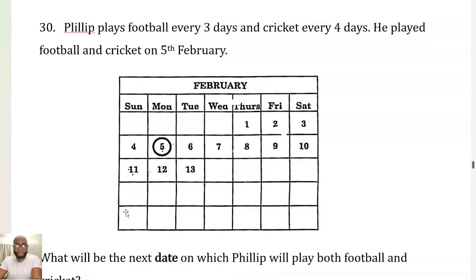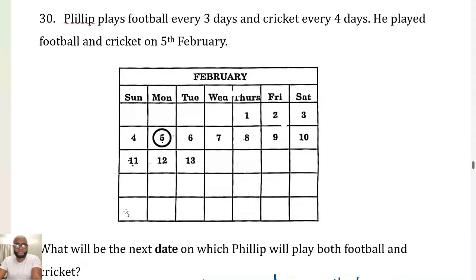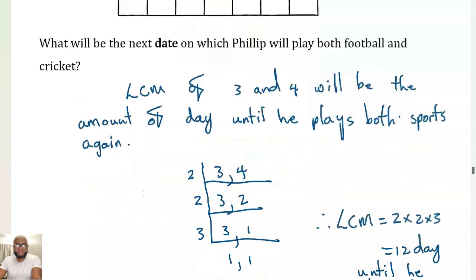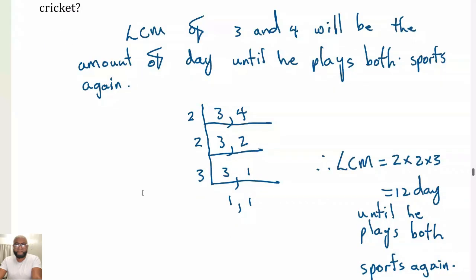Your child can try it. Okay, scrolling down to the answer now. I found the LCM of 3 and 4, which would have been 12 days until he plays both sports again.